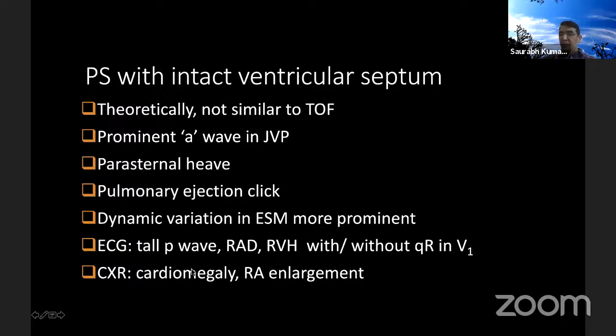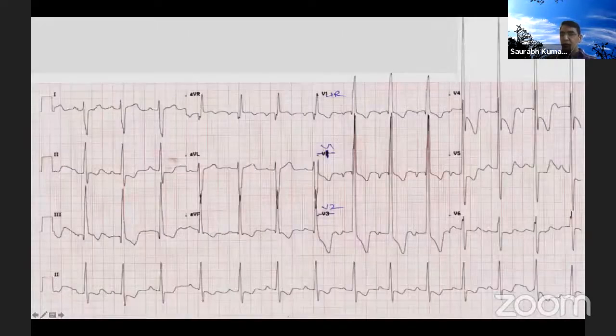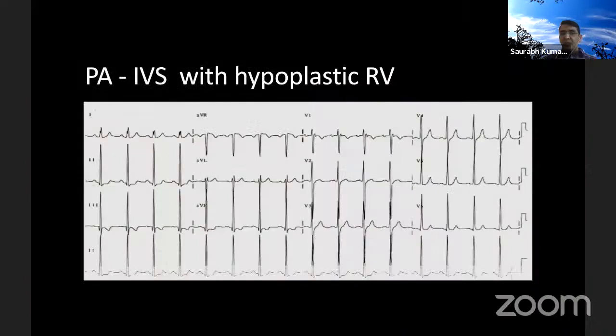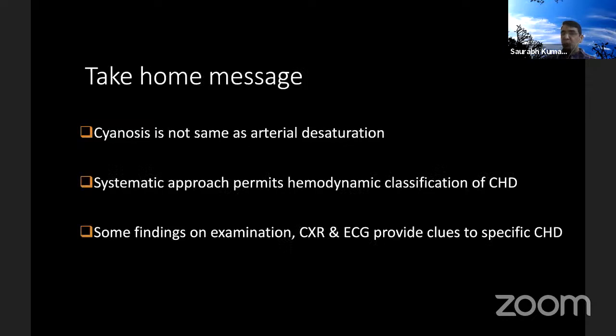And the ECG may have taller P wave compared to other conditions in TOF physiology. If there is hypoplastic RV in addition, then we have poor RV forces, and we may or may not have left axis deviation. And that again indicates that we are dealing with a situation where the RV is smaller.